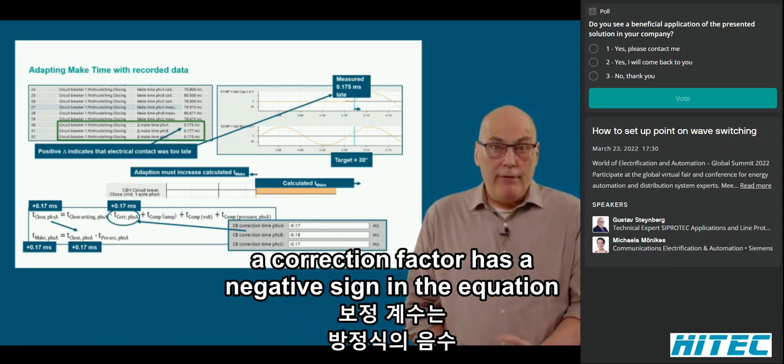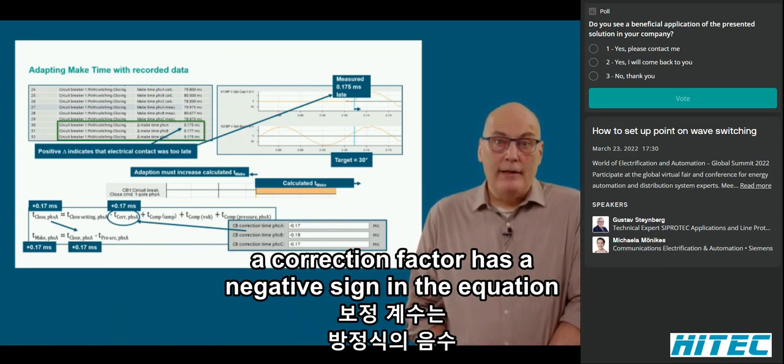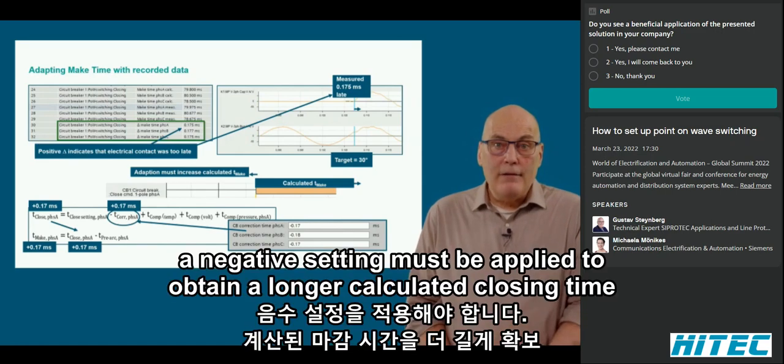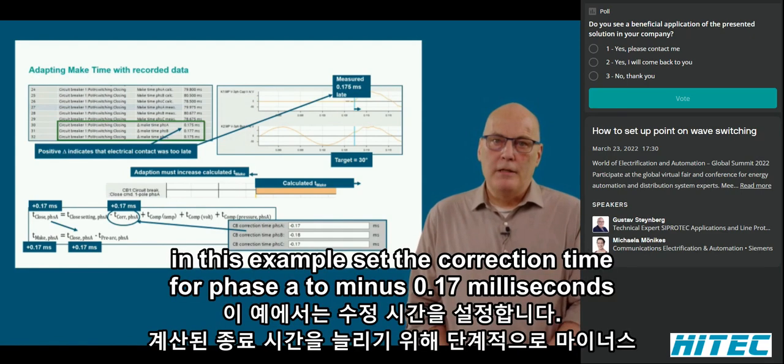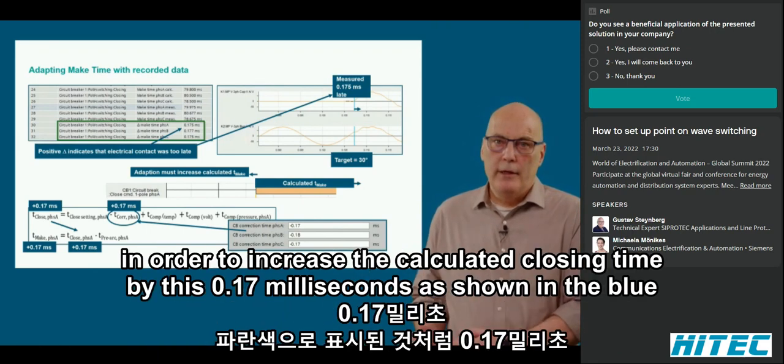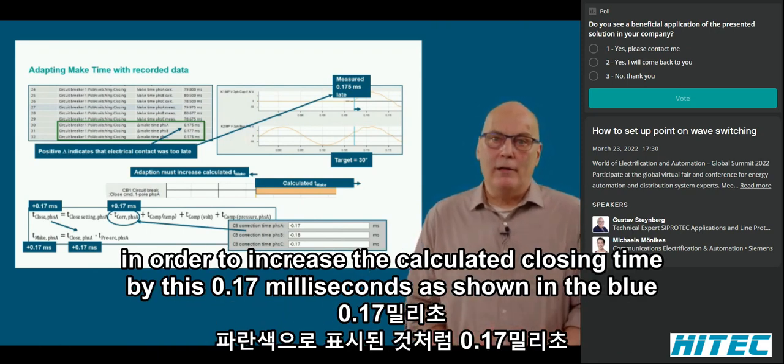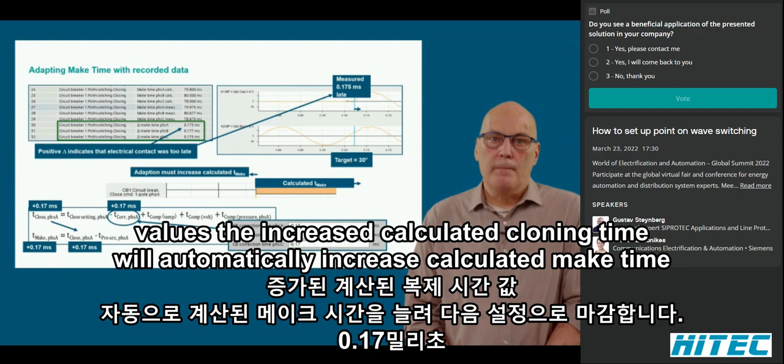As the correction factor has a negative sign in the equation, a negative setting must be applied to obtain a longer calculated closing time. In this example, set the correction time for phase A to minus 0.17 milliseconds in order to increase the calculated closing time by this 0.17 milliseconds as shown in the blue values.